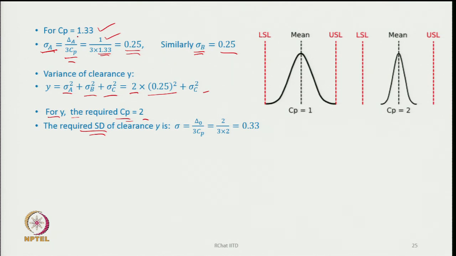Again we use a similar formula, sigma is going to be delta 0 by 3 Cp. Delta 0 has been given to be 2, because it is a summation of delta 1 and delta 2, or delta A plus delta B, which is going to be 1 plus 1, that is 2, and therefore, 3 into Cp taken as 2, this value is going to be 0.33.